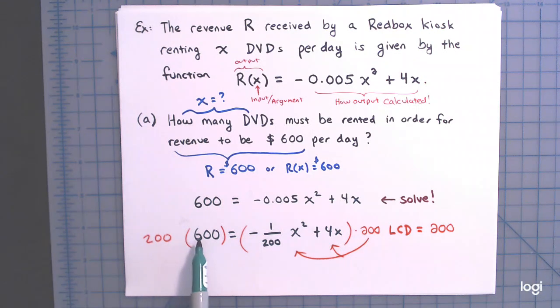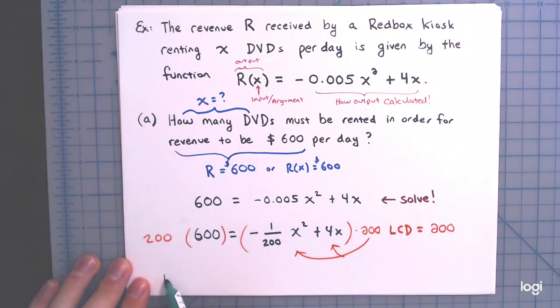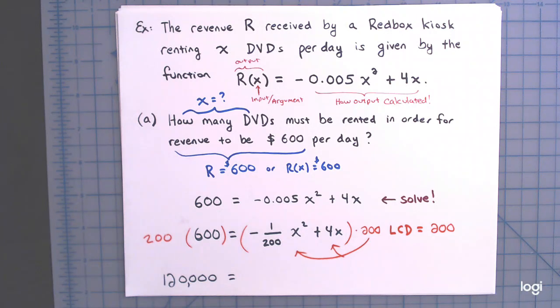So on the left side, 6 times 2 is 12. And then you have 1, 2, 3, 4 zeros. So the left side is 120,000 when I multiply by 200. When I multiply this one by 200, 1 over 200 times 200, that's the whole point of multiplying by the LCD, so that the 200s cancel, and I'm left with just the negative 1 times x squared, or negative x squared.